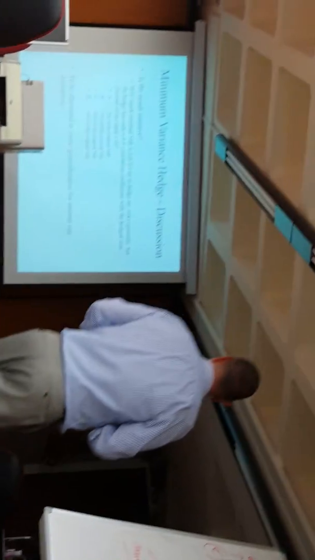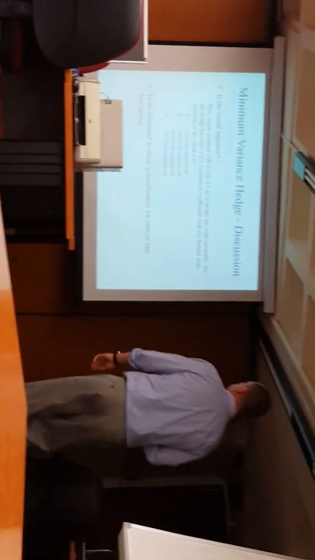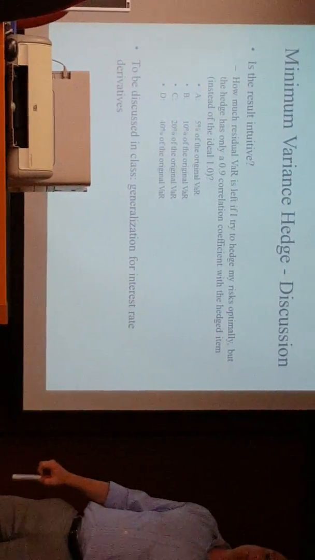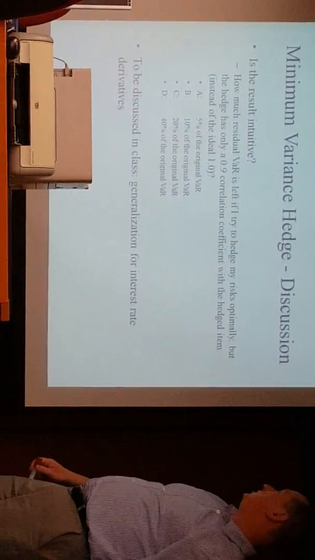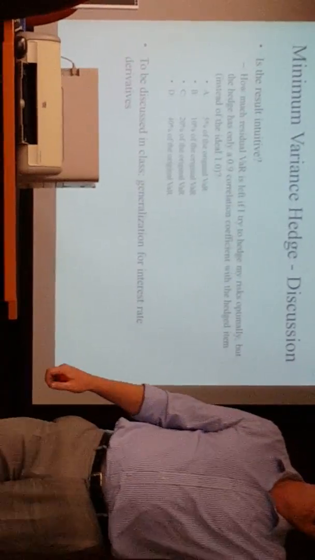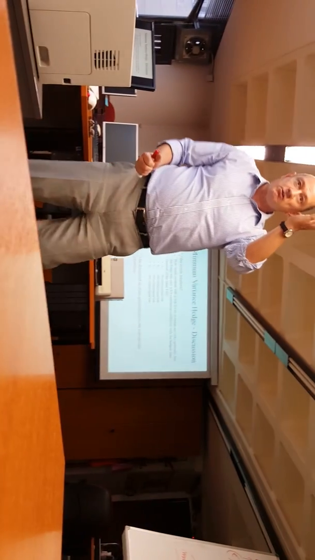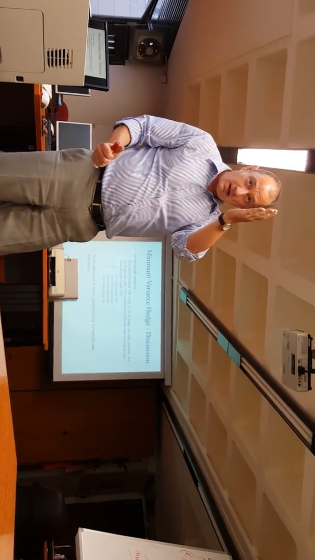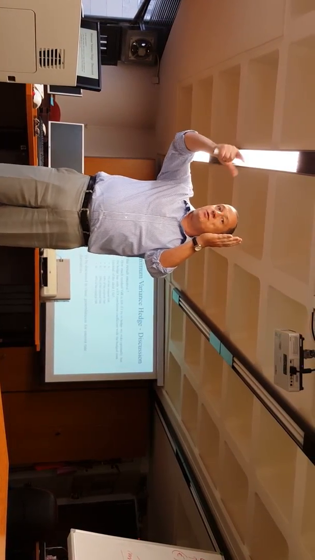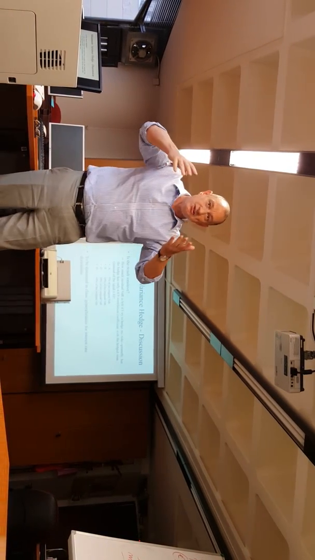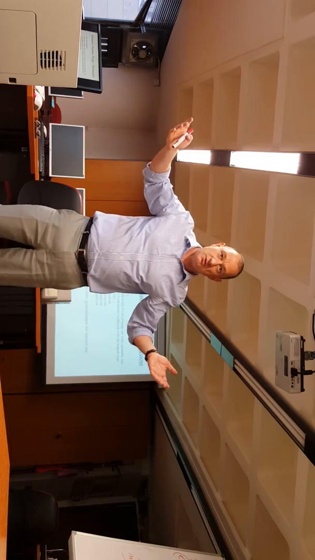Question: how much residual VAR is left if I try to hedge my risks optimally, but the hedge has only a 0.9 correlation coefficient with the hedged item? Ideally, if I have something which is fully correlated with the hedged item, even if it's not just as volatile, I will just hedge by getting into a bigger position.